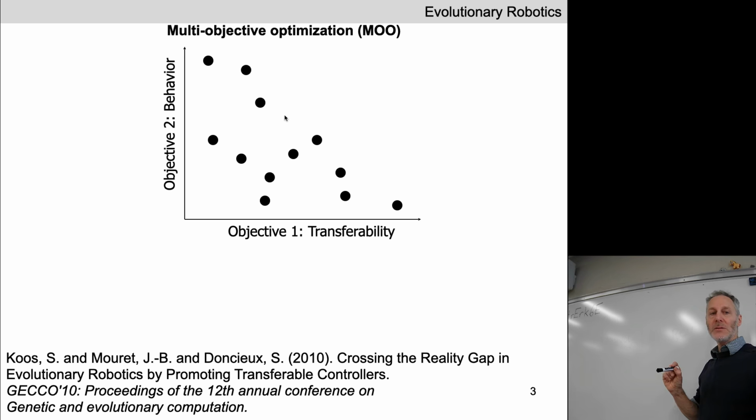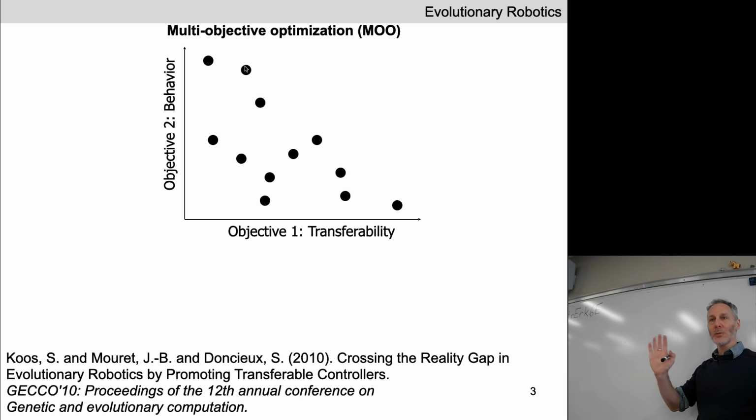So this is a geometric representation of how MOO works. Let's say we have these many controllers. And let's imagine, for the sake of argument, we've transferred every controller from simulation to reality. So we know the transferability of this controller, of this controller, and of this controller.